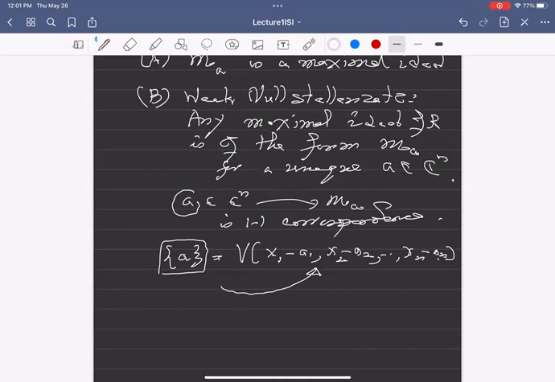The smallest non-empty algebraic varieties correspond to the largest proper ideals in the polynomial ring. There are all kinds of ideals in the polynomial ring, and all radical ideals, we will prove, are in one-to-one correspondence with algebraic varieties. So the simplest case of that correspondence is the one between maximal ideals and points in Cn. So that is the weak Nullstellensatz, and I want to prove this fact today.